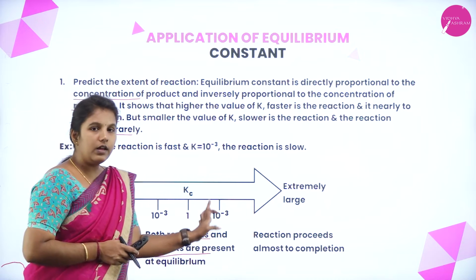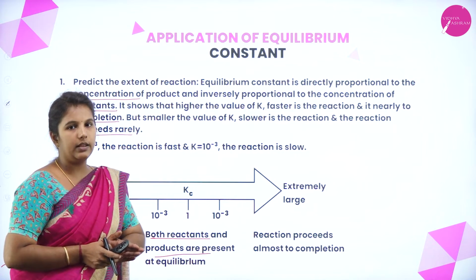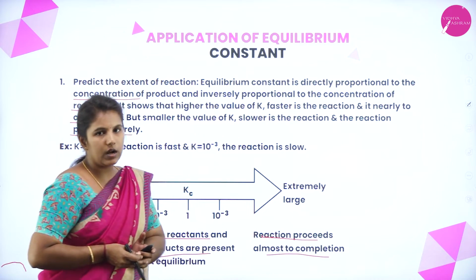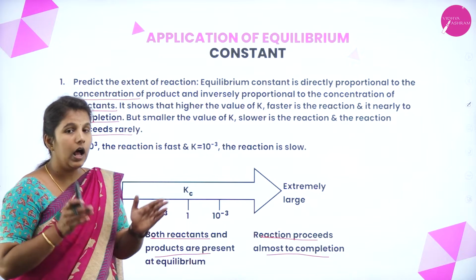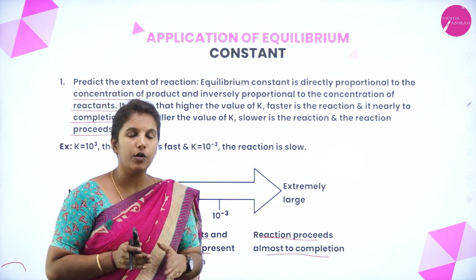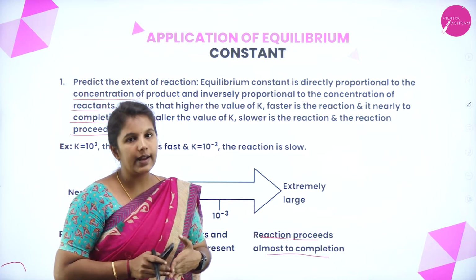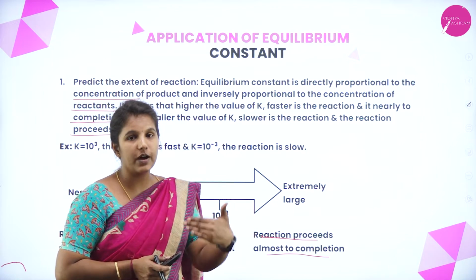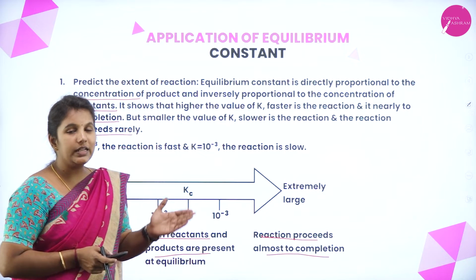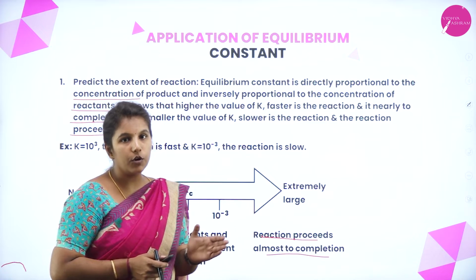If the value of Kc is above 10 to the power of plus 3, then we can say that the reaction proceeds almost to completion, which indicates that the moles of reactants in that reaction are completely converted into product, thereby attaining a particular stage of completion. This is how we can predict the extent of reaction by using the Kc value, that is the equilibrium constant value.